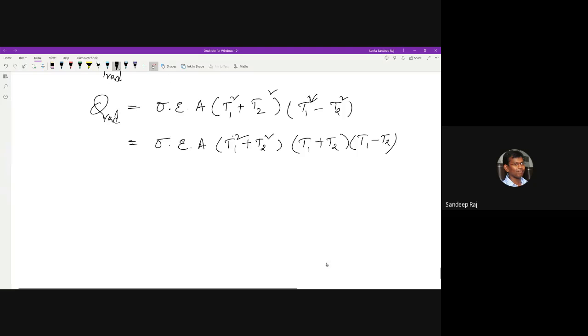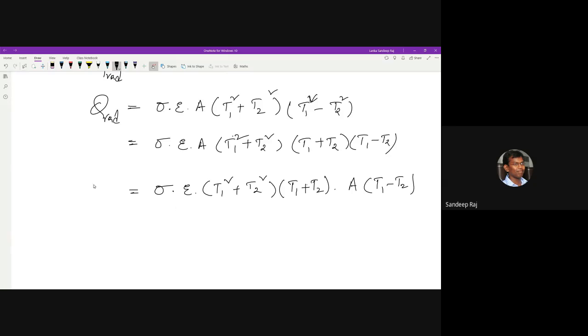So what I have here is sigma into epsilon into (T1 square plus T2 square) into (T1 plus T2) into A into (T1 minus T2).